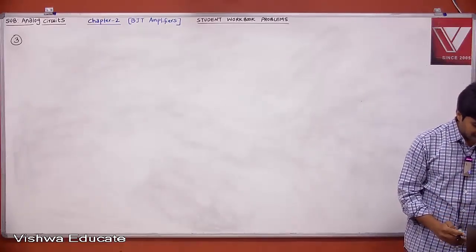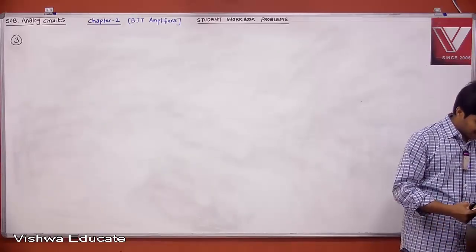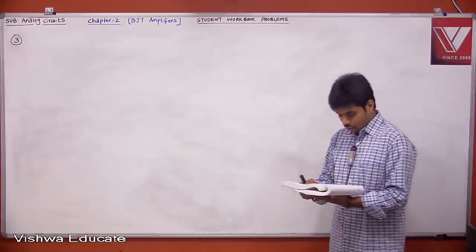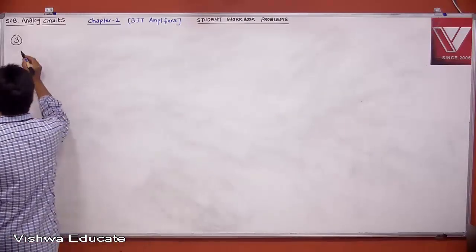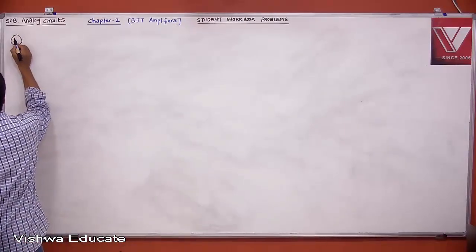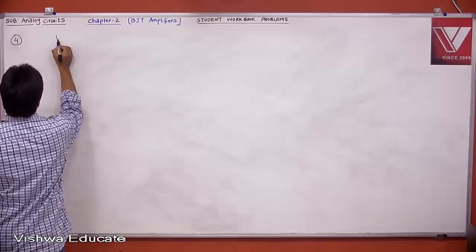Assuming VCE sat is equal to 0.2 volt and beta is equal to 50, the minimum base current required to drive the transistor in the figure to saturation is. What is given?